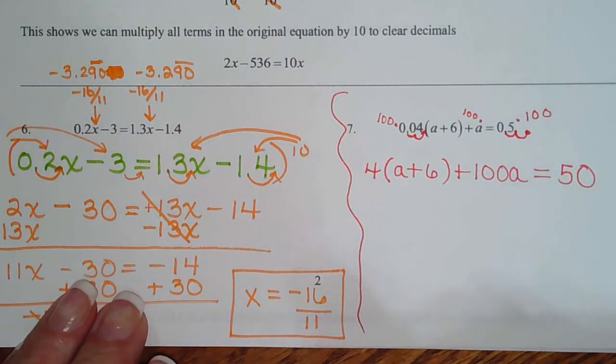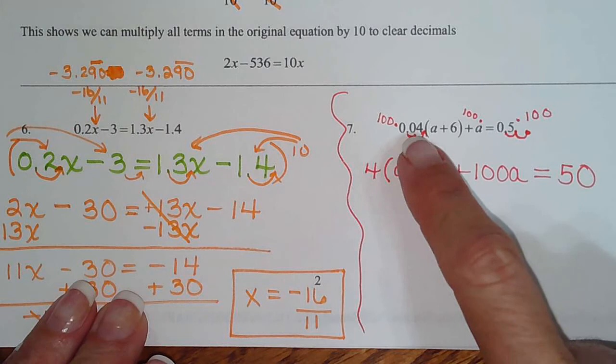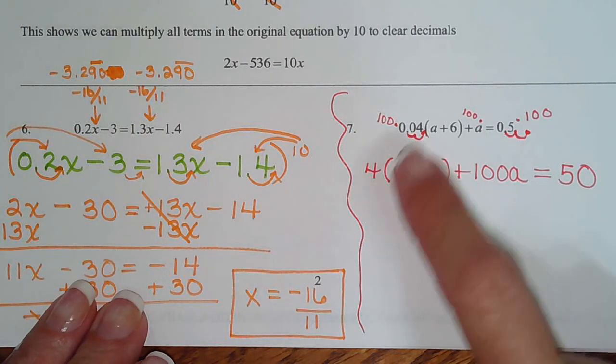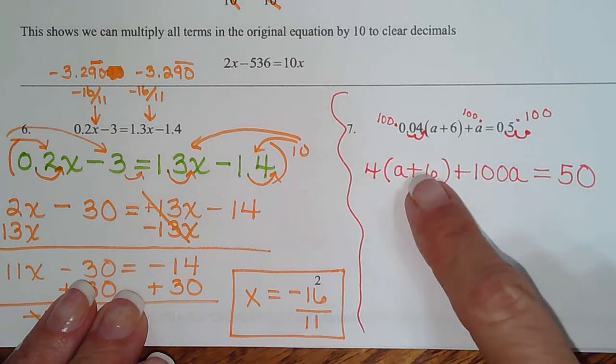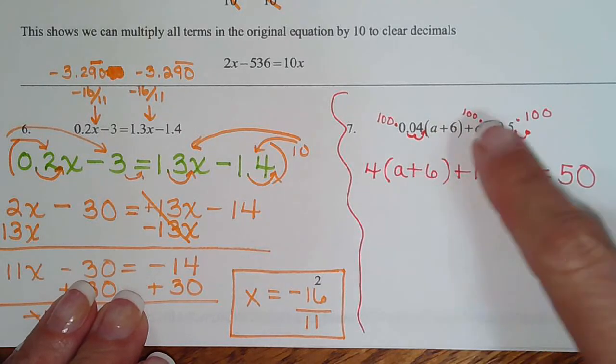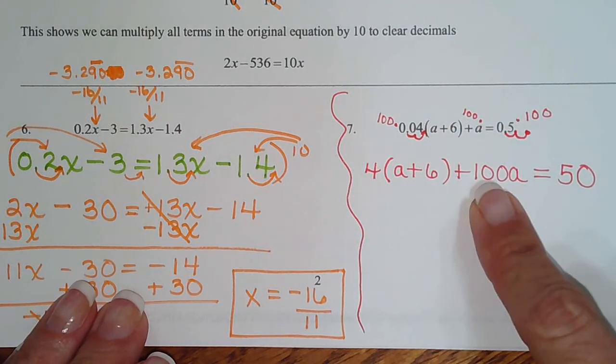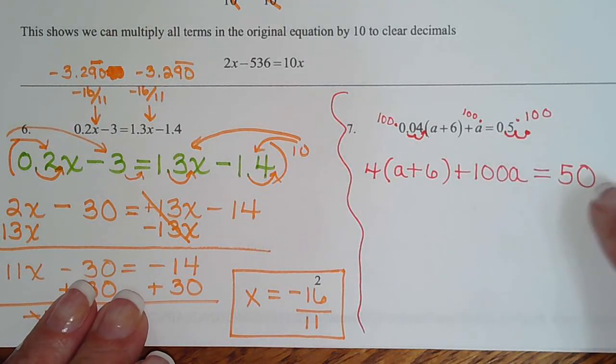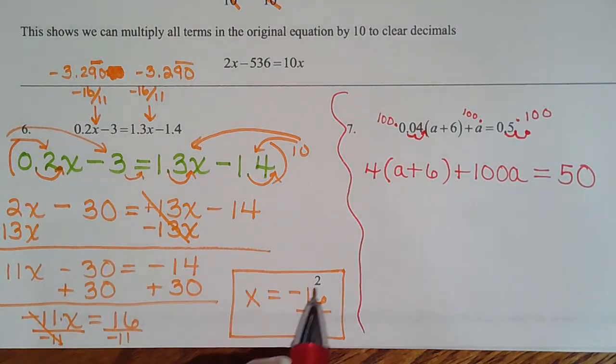So everybody comfortable with that? I just took every decimal place and moved it over 2. Whatever's in parentheses stays the same. 100 times a is 100a. And don't skip things just because they're not decimals. We're not allowed. And 0.5 turned into 50 when we moved the decimal place 2 places to the right.